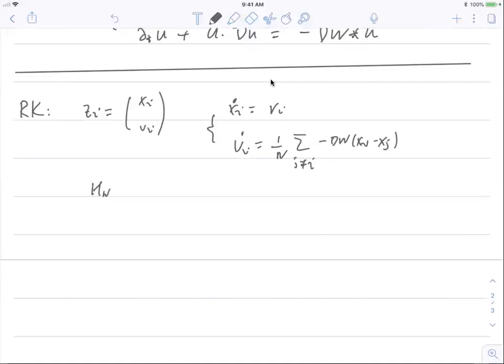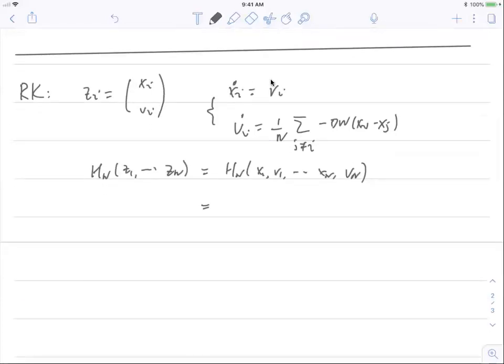So it's the following: the interaction part, omega of x_i minus x_j, plus the kinetic energy part, v_i squared.